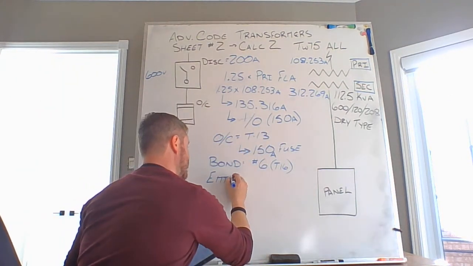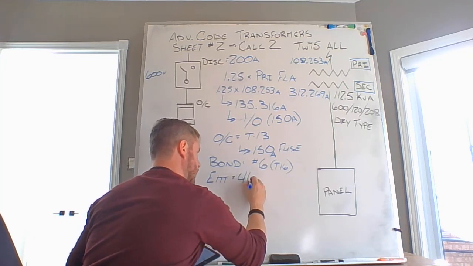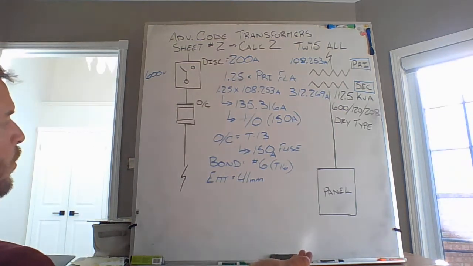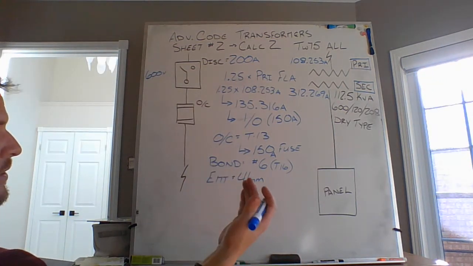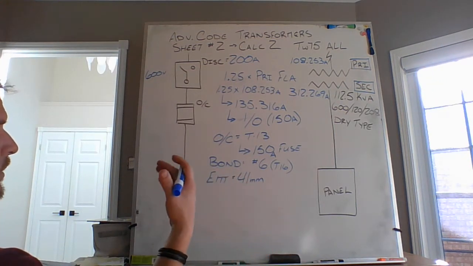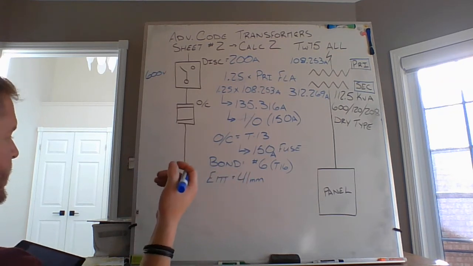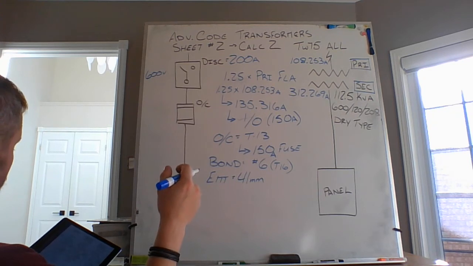Okay. Your EMT size is going to be a 41 millimeter. That accommodates your 3 1-aughts, line 1, line 2, line 3, primary at 600 volts, number 6 bond all the way through in an EMT raceway, 41 millimeter.